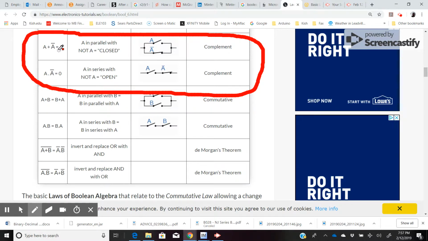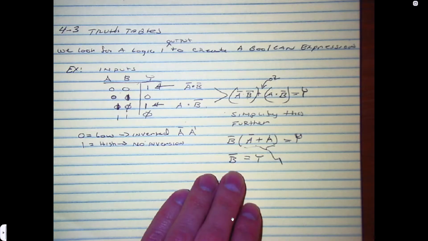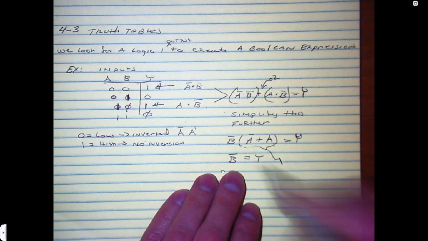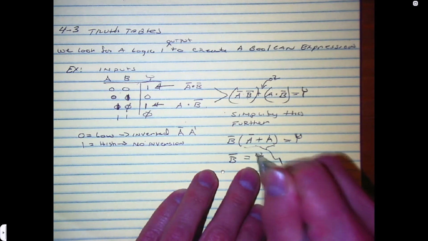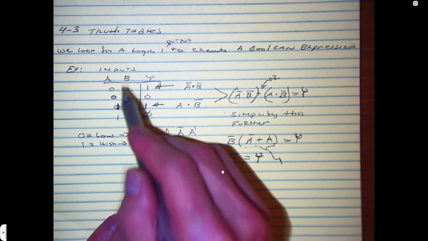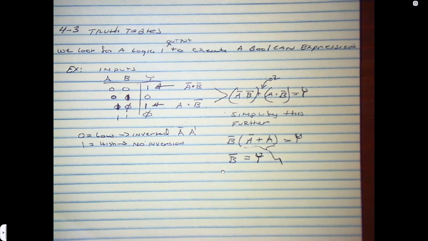Well, that's what this is right here. This is going to be a 1 right there. So if that's a 1, that's going to leave me with just B naught right there. So Y is equal to B naught. This is the simplified version of this truth table right here.